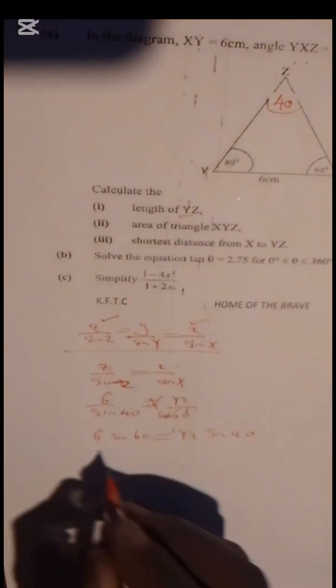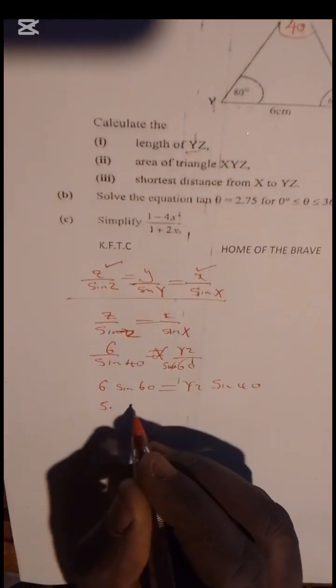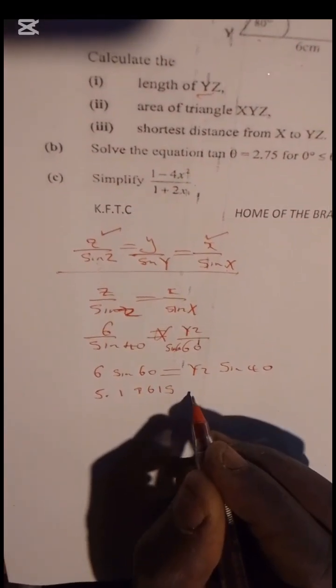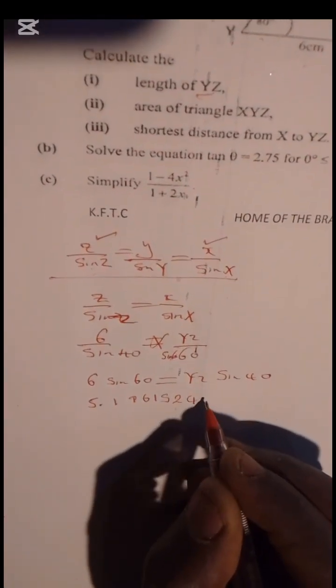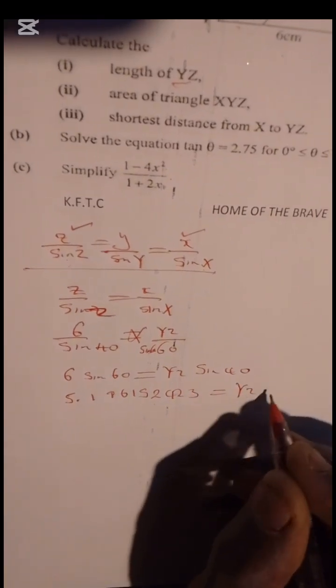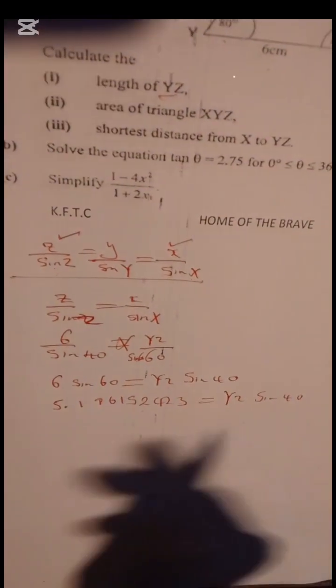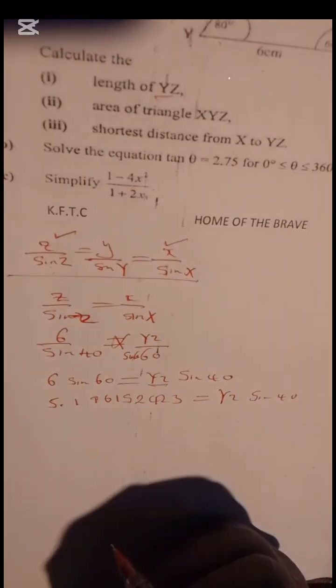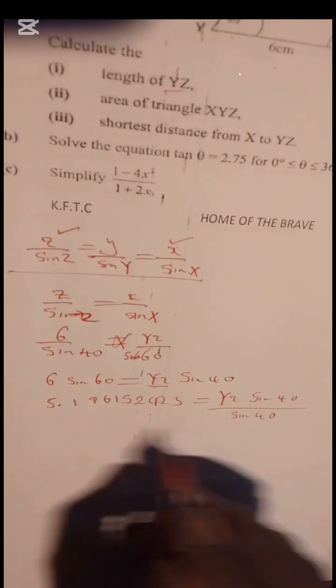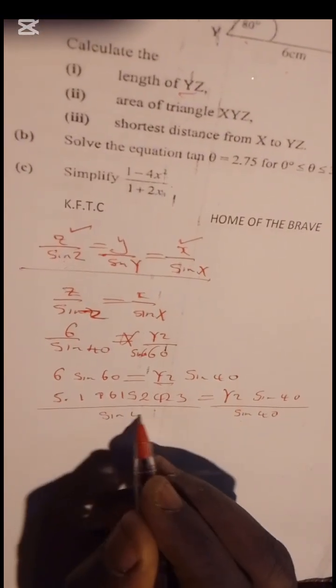So 6 times sine 60 has given us 5.1961523 equals YZ sine 40. Now remember, we want YZ. So we'll divide by sine 40 on both sides.